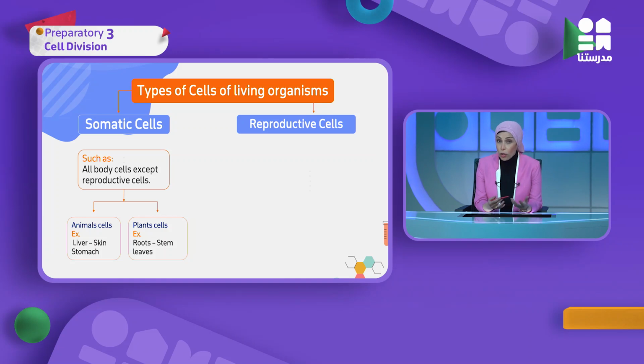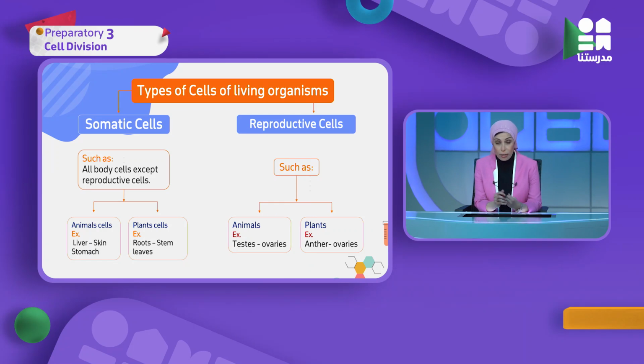It's a new word for us, and I'm going to discuss it with you. Reproductive cells, in animals, they have reproductive cells as testes and ovaries. They are the organs which are responsible for reproduction, and I'm going to discuss it with you now. But what about the plants? The plants also reproduce.